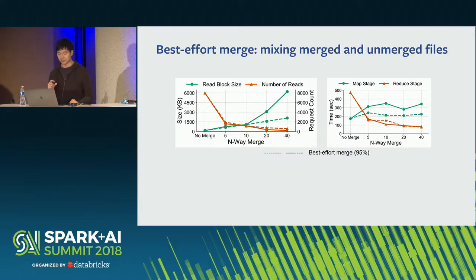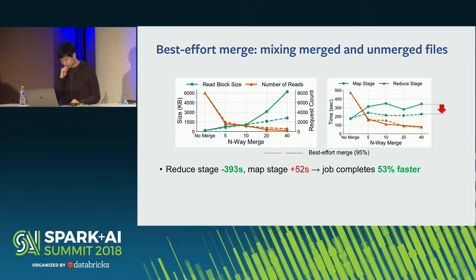We can see that this has a little bit of an adverse effect on the read block size and the number of reads. But in terms of compute efficiency, we see a clear win. The increase in the map stage is much less, while the running time for the reduce stage is still reduced.